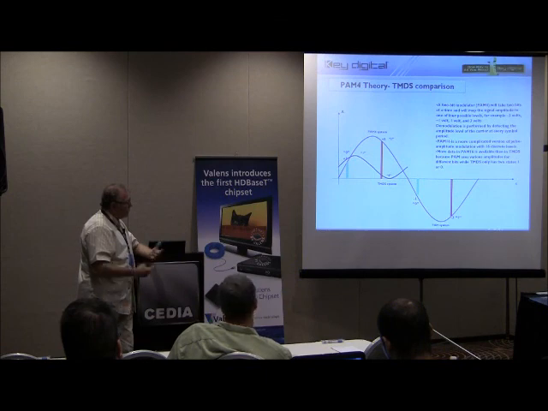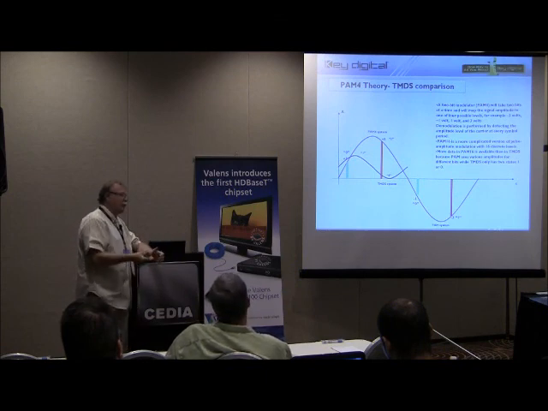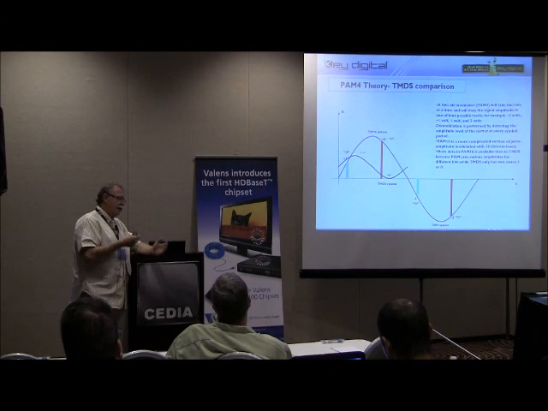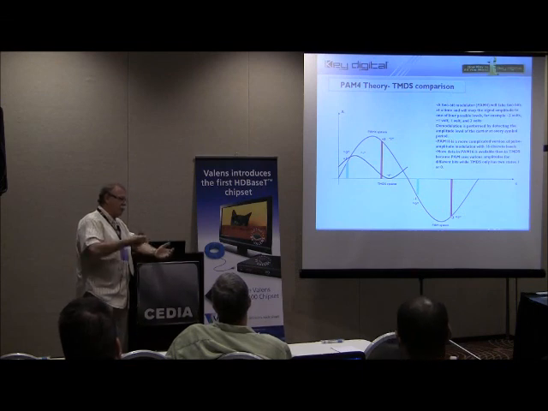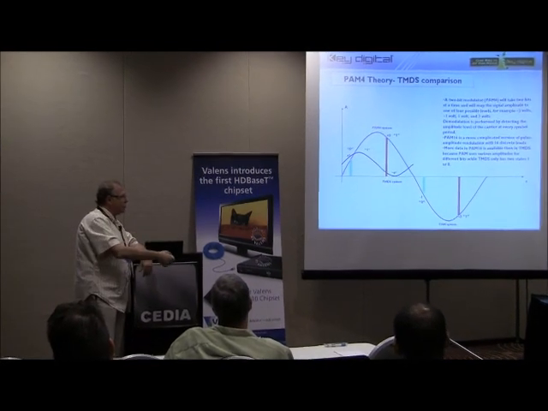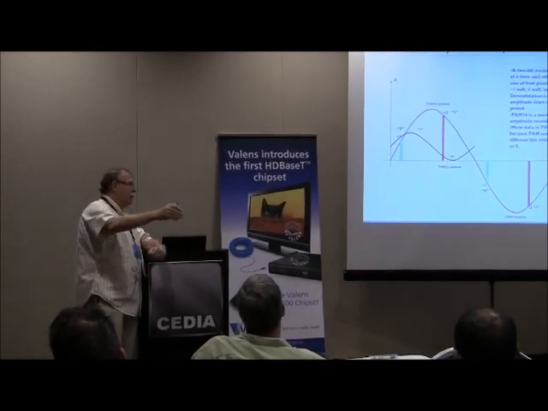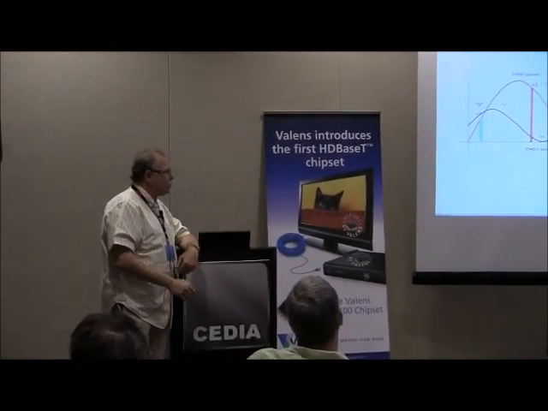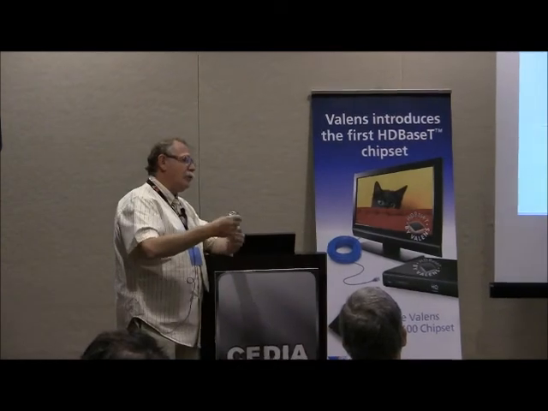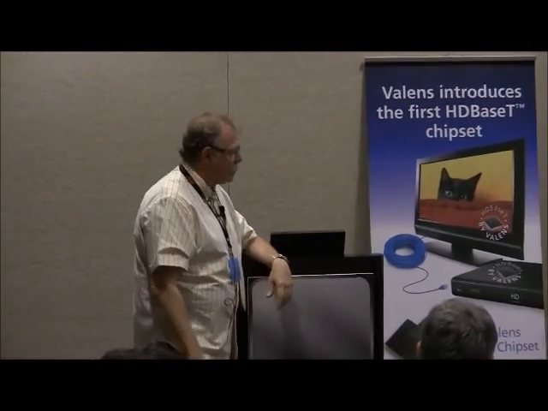It's tremendously powerful and actually makes the correct trade-off for our business. It does many good things. It allows you to send more data over a longer distance and allows you to use twisted pair connectivity much more effectively than the TMDS approach.